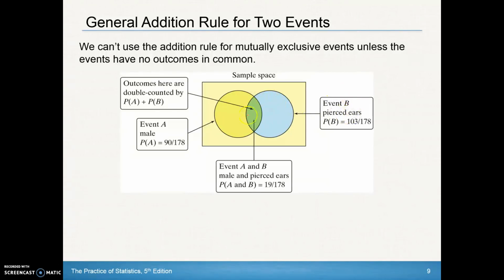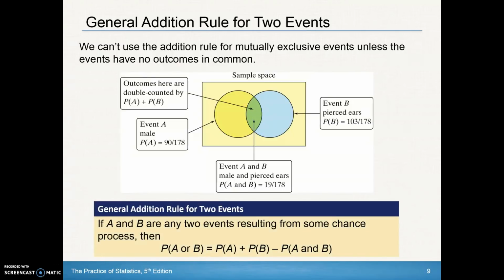Pierced ears, there were 103 out of 178. But you notice if we add these two up, that'd be 193 out of 178, which would be an impossibility. Okay? So we have to look at where did I double count in here, so I don't count those twice and don't come up with a probability that's not possible.